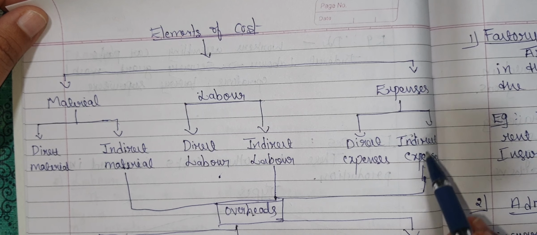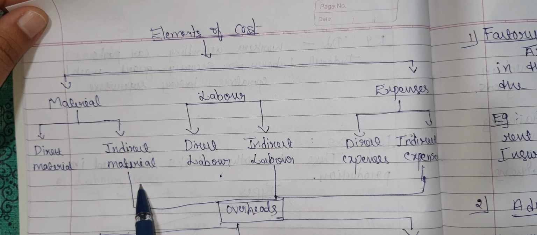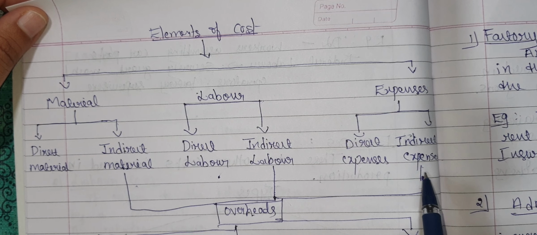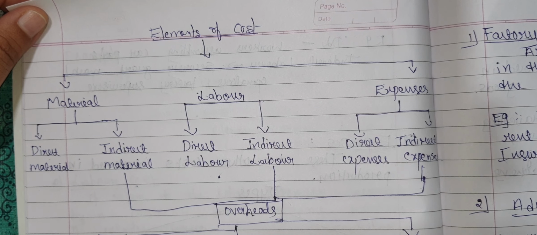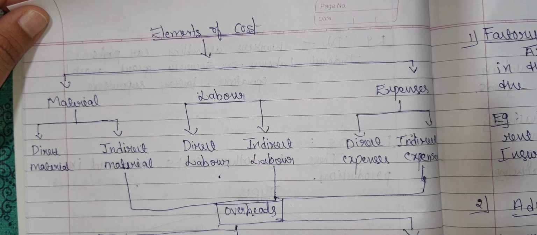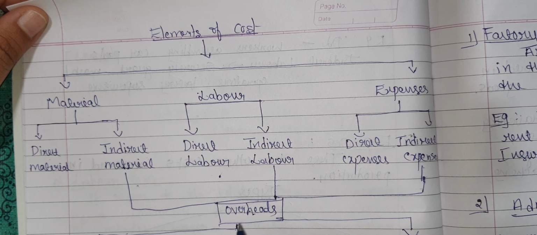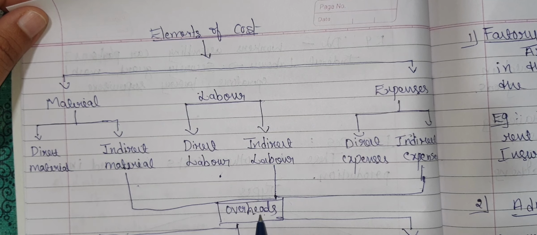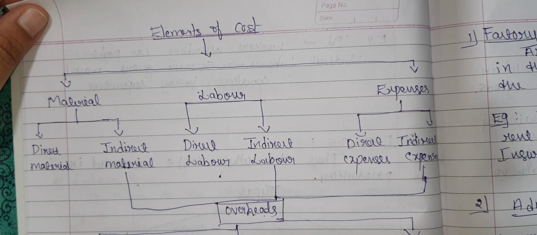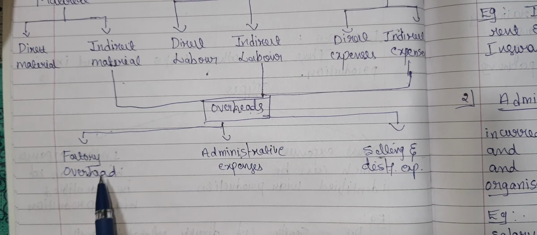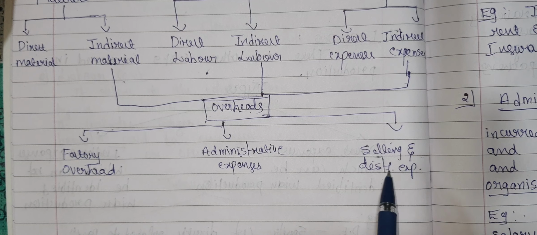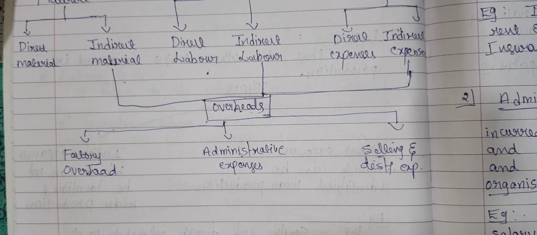All the indirect costs, meaning indirect material, indirect labor and indirect expenses, are incurred but not directly engaged in the production of a product. They are called overheads. Now overheads are classified into three types: factory overhead, administrative overhead or expenses, and selling and distribution expenses or overheads.